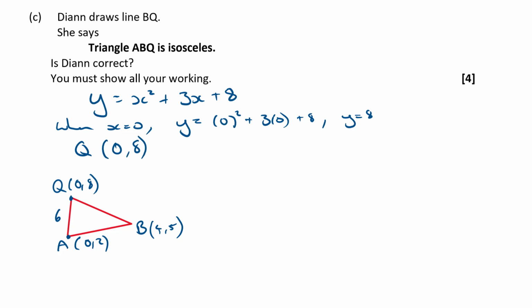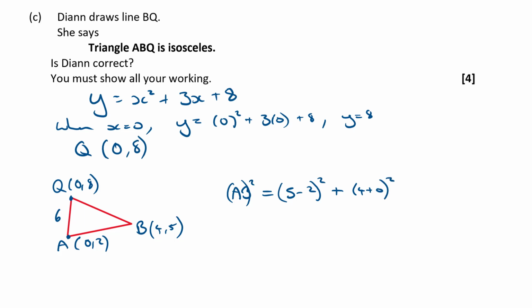So how are we going to work out the lengths of those lines? Probably the easiest thing to do is use Pythagoras theorem. So we can say side AB squared is going to be equal to the change in y, 5 minus 2, all squared, plus the change in x, which is 4 plus 1, all squared, isn't it?